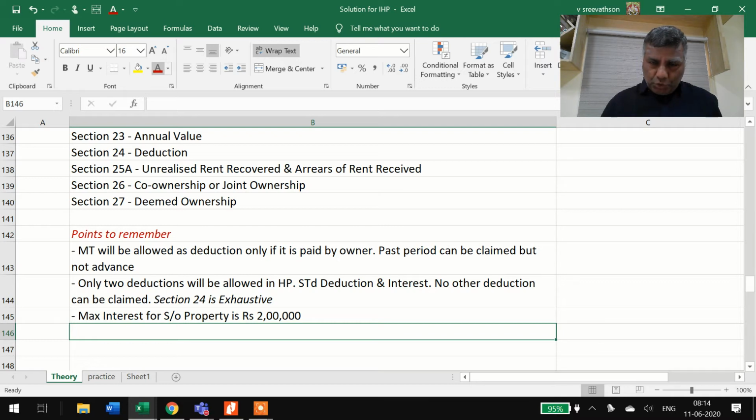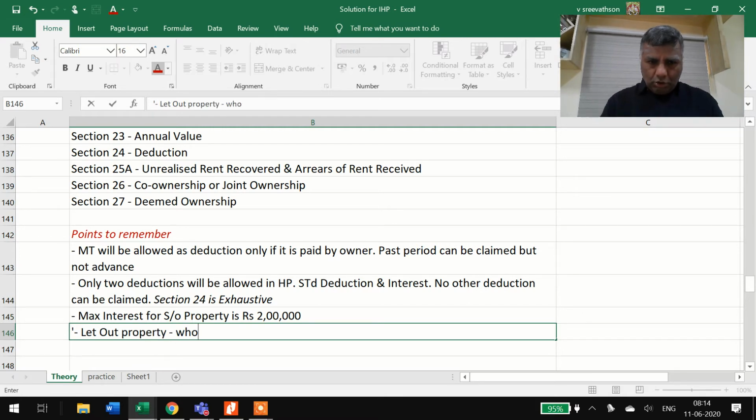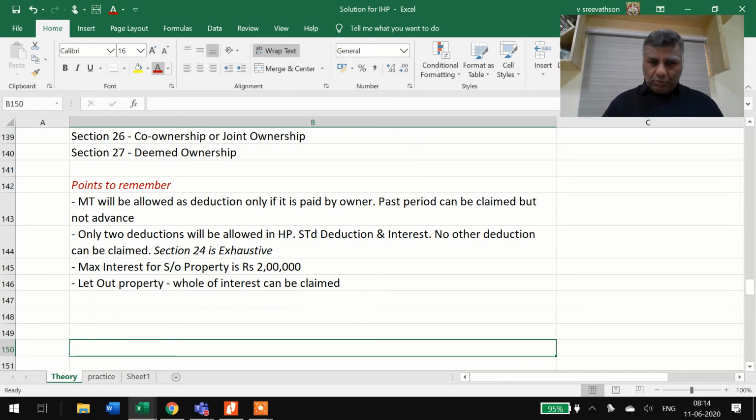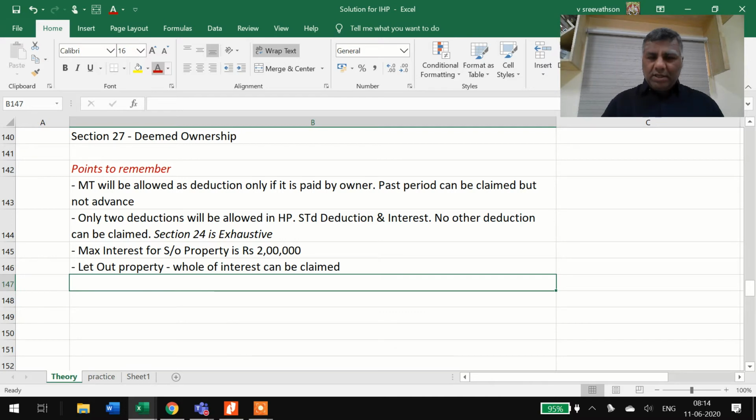For let out property, the whole of the interest can be claimed.